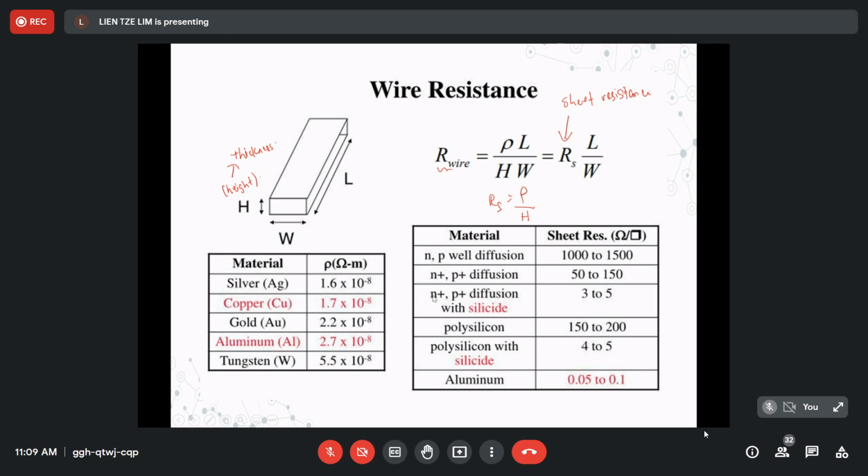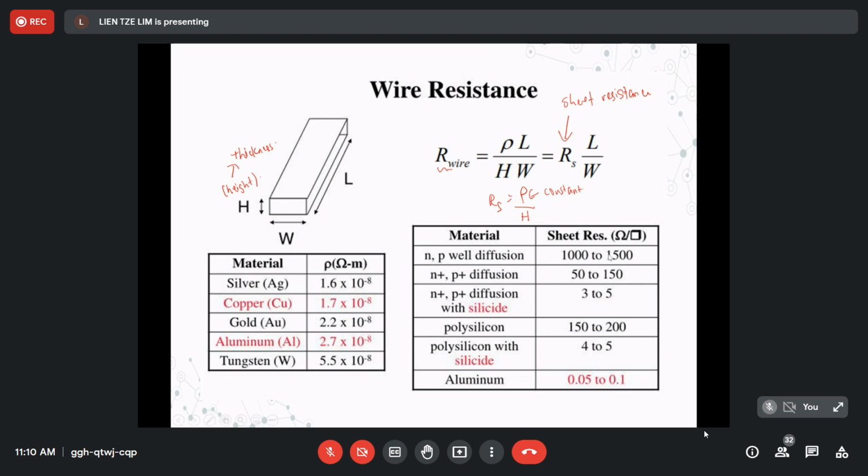The resistivity value is constant, but the thickness of the layers will change. We have to consider the sheet resistance based on the thickness of that metal layer.